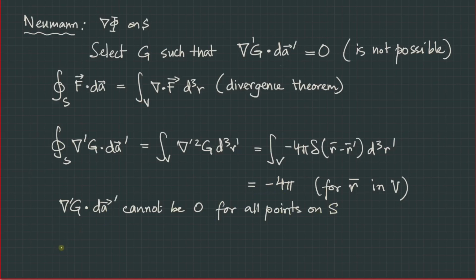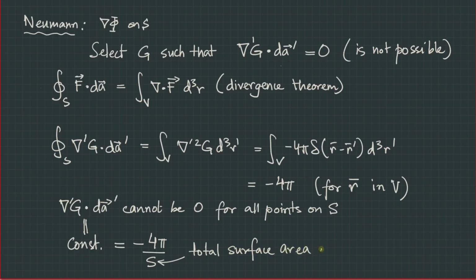So the best that we can do is select this to be a constant, which turns out to be minus 4 pi by S, where S is the total surface area of the surface S.